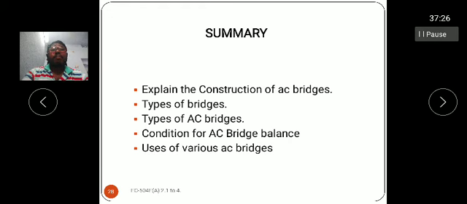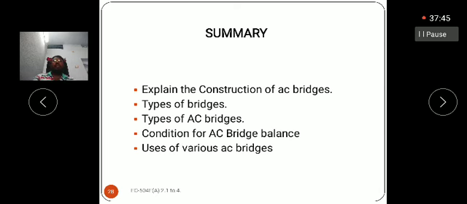In the AC bridges we are having multiple AC bridges, like the Anderson bridge, Owen bridge, Wien bridge, and also the inductance bridge and capacitance bridge.